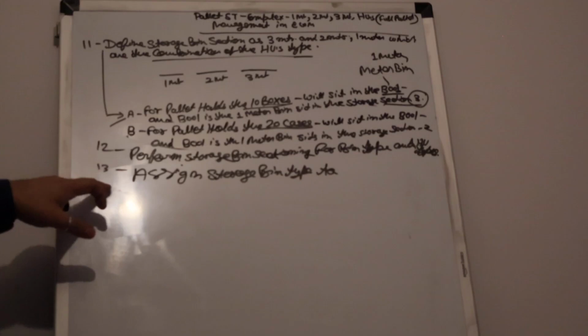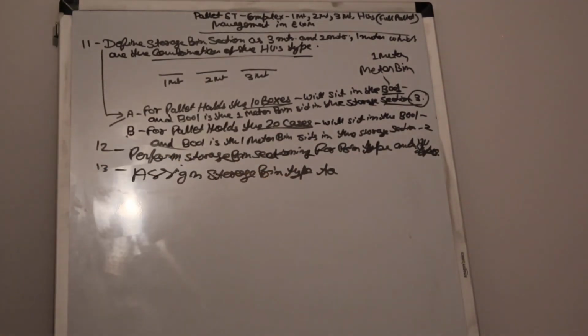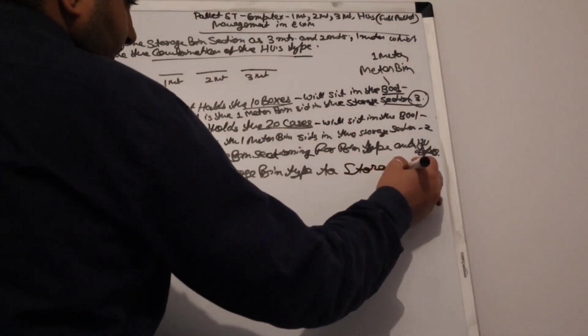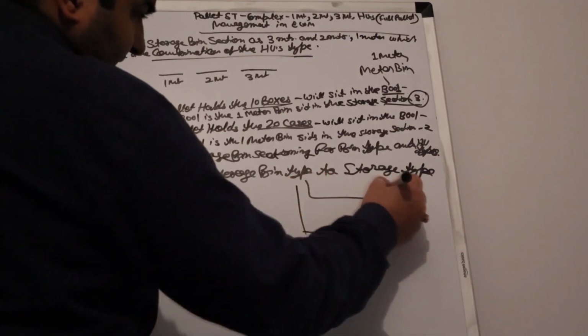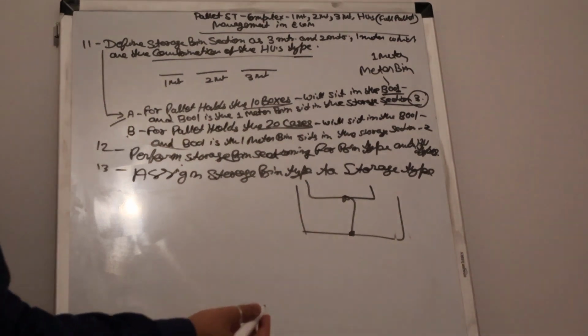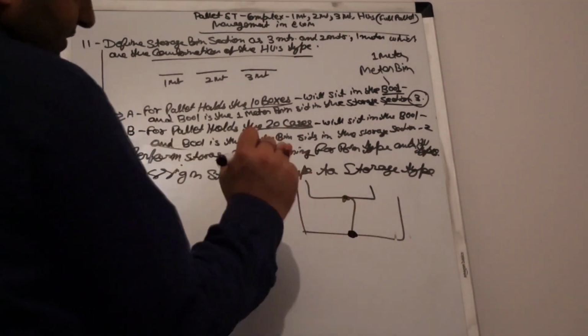But until and unless we link the bin to the storage type, the system won't come to know that this bin is associated with this storage type.